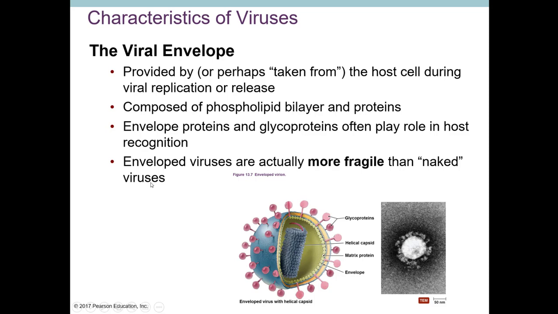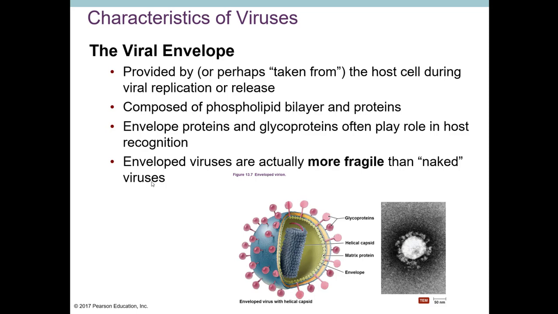A naked virus would be one that has no envelope. So write this down. All viruses have a capsid, but for a naked virus, that's all they have. Just the capsid with the chromosome on the inside. An enveloped virus has the envelope, and inside the envelope is the capsid, and inside the capsid is the chromosome.